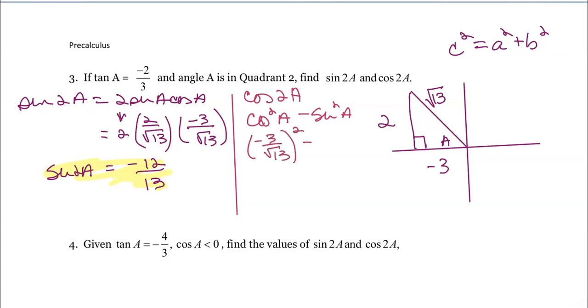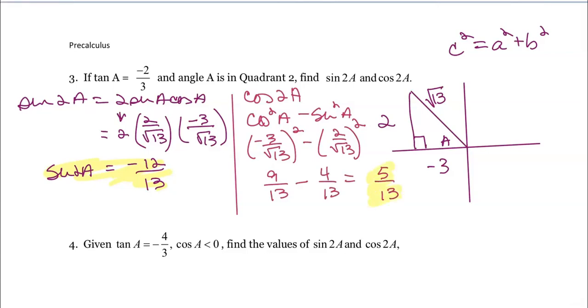I'm going to square that. And then sine was the first value I identified from the triangle. And that's that. I'm going to square that. So I end up with 9 over 13 minus 4 over 13, which gives me a value of 5 over 13 for the cosine of 2A.